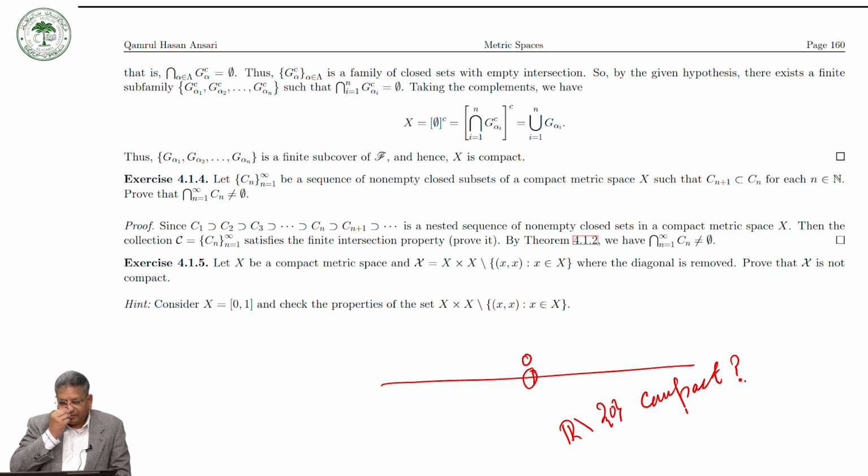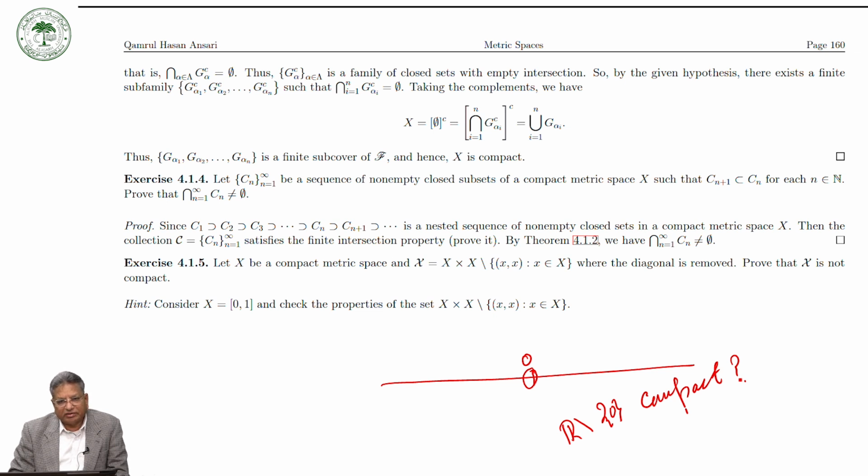If we remove 0 from R, can we say that it is compact? We have already seen that the whole of R is not compact, because there is an open cover of R which does not have any finite subcover. And in the real line, the set must be closed and bounded.